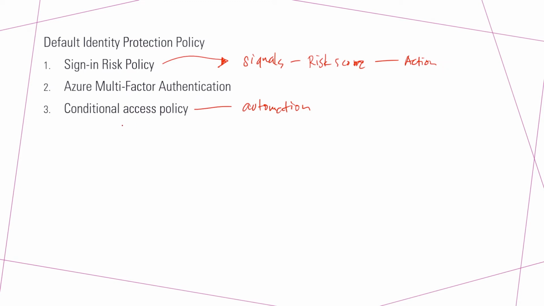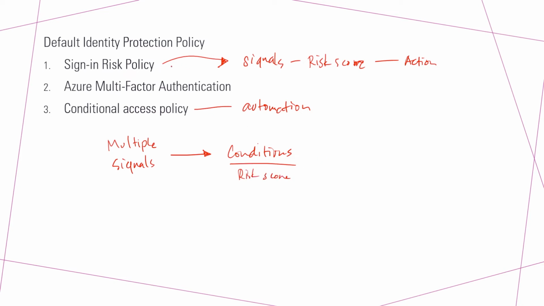But in conditional access policies, it uses multiple signals, then conditions, which includes actually, it may include risk score.